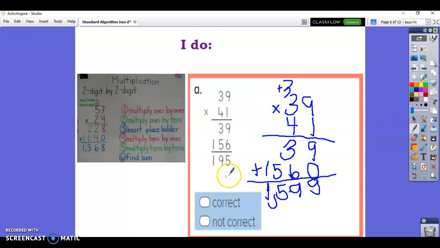Now, it's asking, is this correct? It is not correct. And I want you to think about it. Why is it not correct? Oh, I see. They forgot this important step number 3. There is no 0 here. So they did all of the partial products correctly, but they forgot to add a 0, and it made the answer completely wrong.